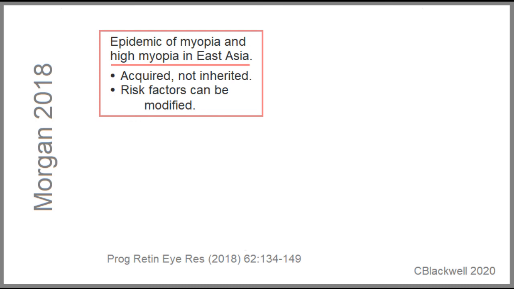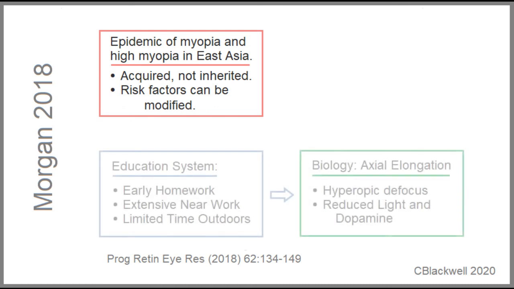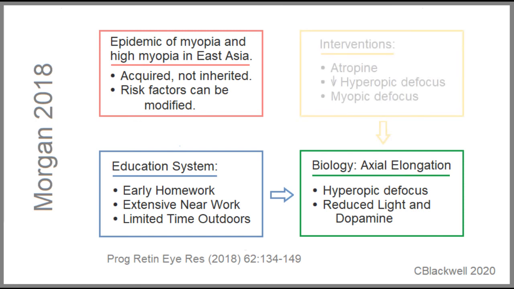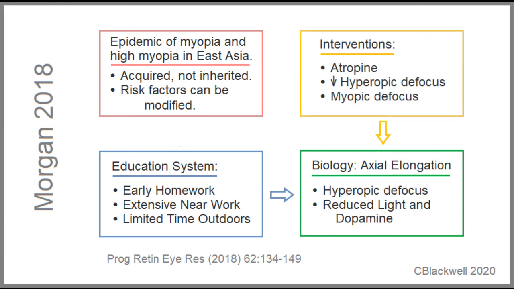Because this increase has occurred over a relatively short time period, it must be acquired, not genetic. They contend the contributing factors appear to be heavy emphasis on near focus and limited time spent outdoors. These risk factors should be modifiable. There are additional measures, for example atropine, that can be used to control myopia.